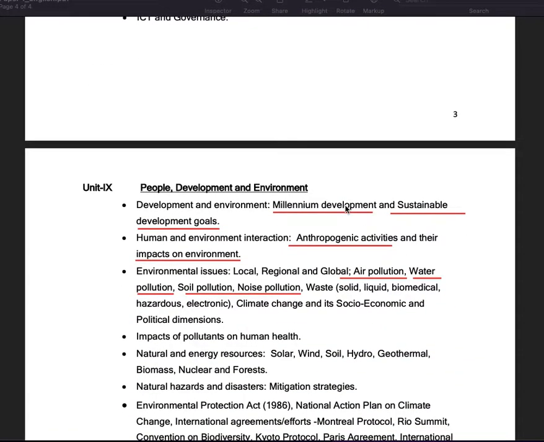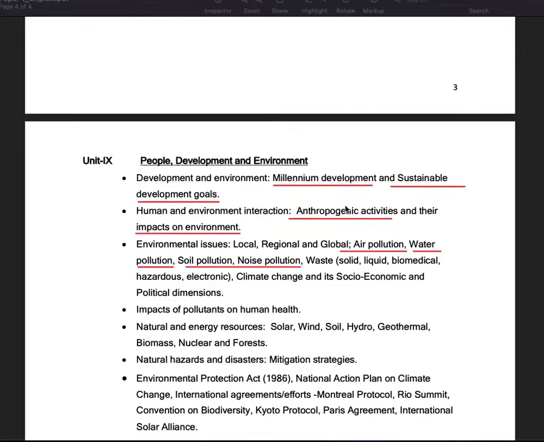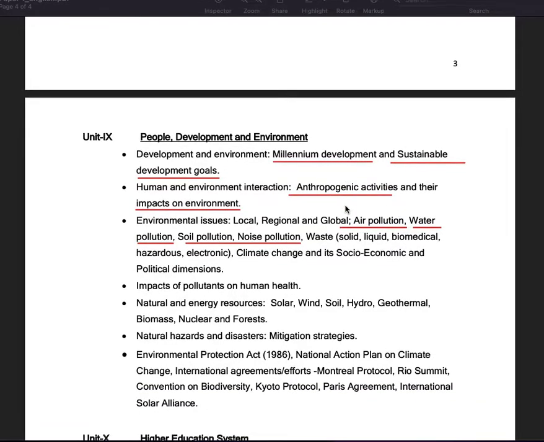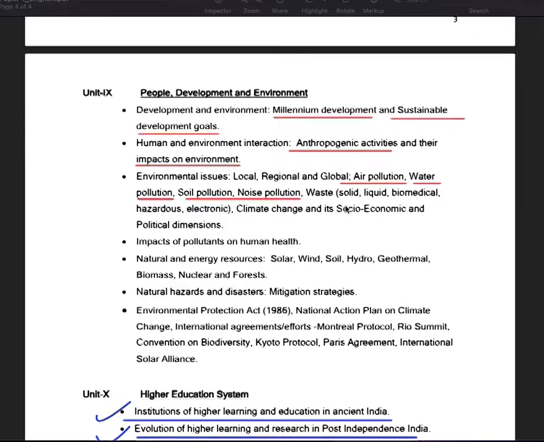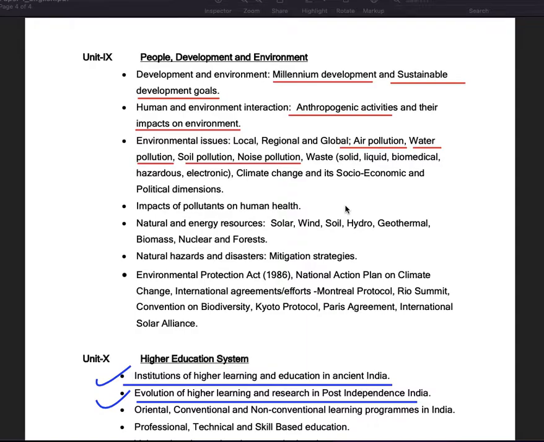Unit 9 is for the environment part. Here you have the sustainable development goals, all the theories related to pollution, water pollution, air pollution, noise pollution, then human health, then energy: solar, wind, hydro.